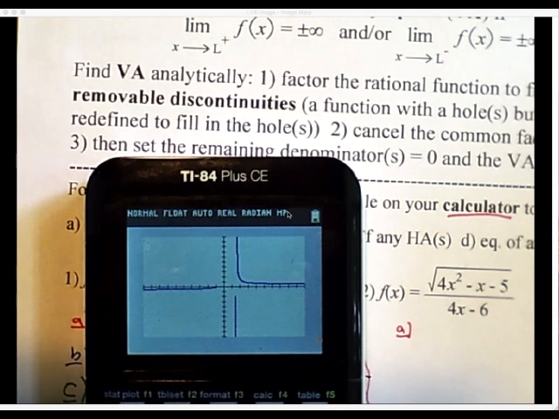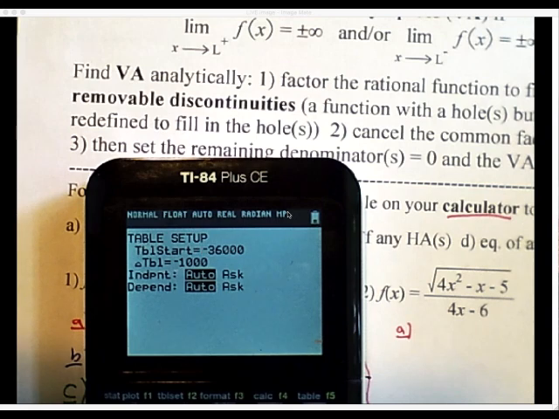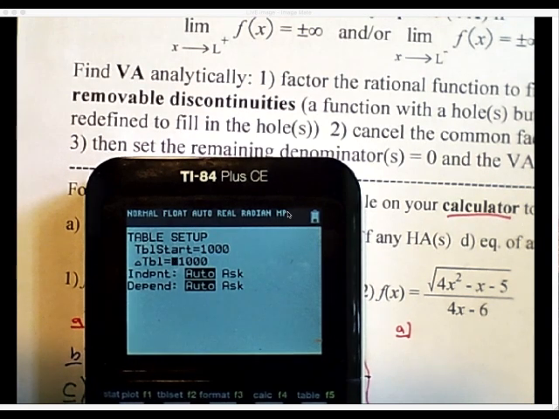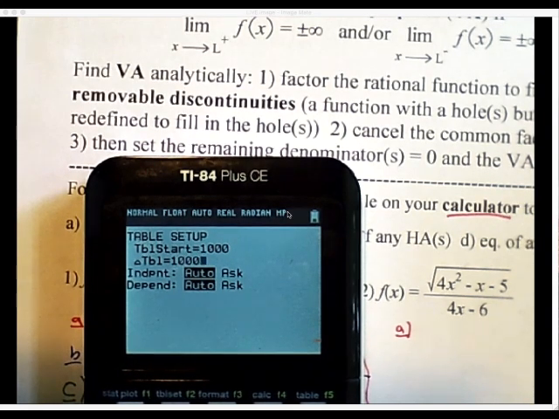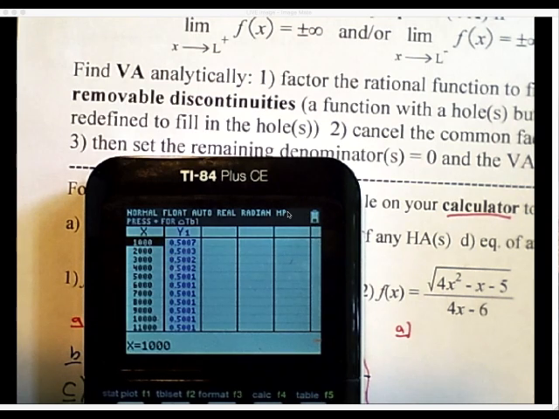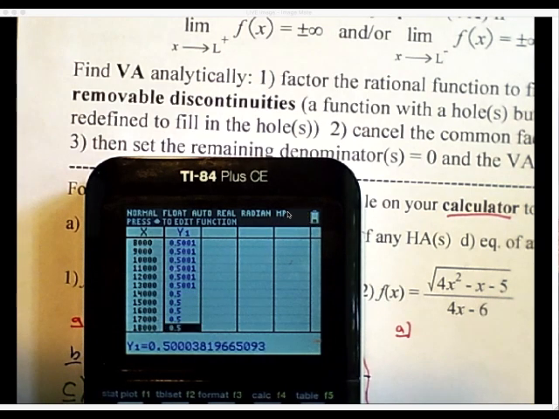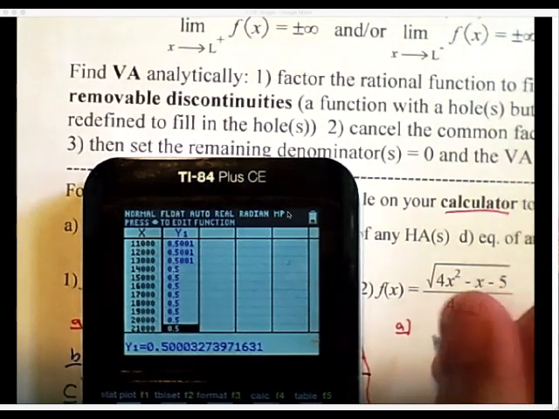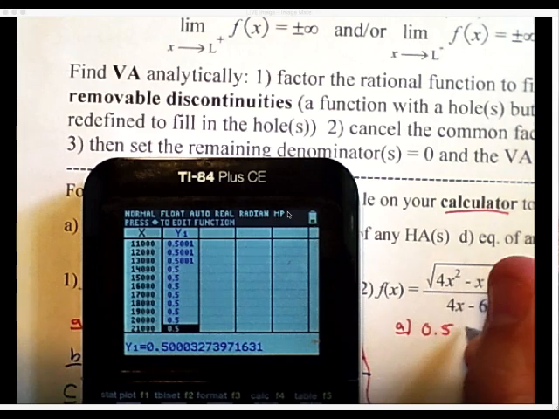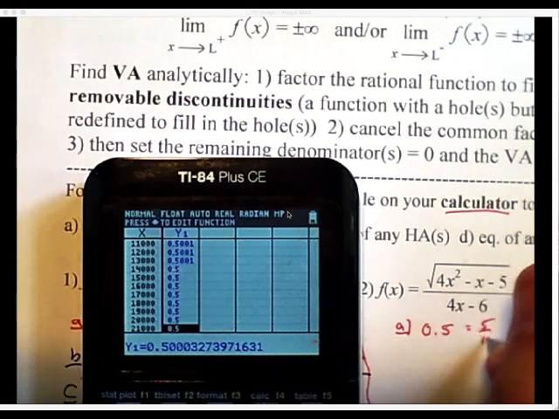All right, so the easy way to do it is to go under your table, maybe start at 1,000, maybe go up every time by 1,000, and then hit second graph. Okay. So to me, it looks like these numbers are getting really close to 0.5 the further I go out. Okay. The further I go out, looks like it's getting close to 0.5. And we should know that 0.5 is the same thing as 5/10.